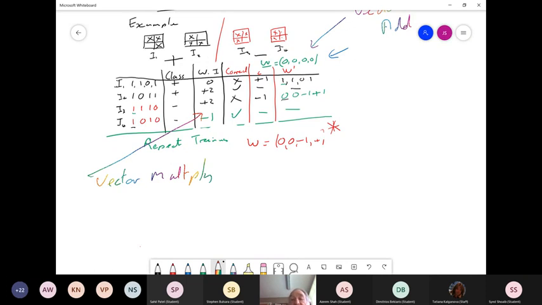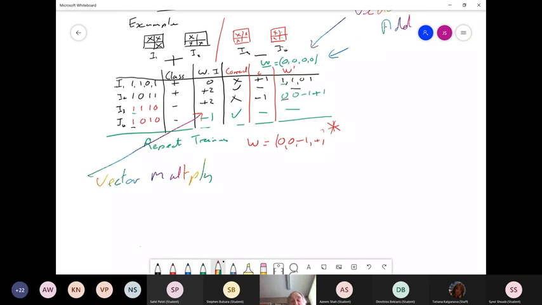I now use the latest weight vector for the second pattern, and I do a vector multiply, which is the summation of wi, ii. It is 1 times 1 plus 0 times 1 is a running total of 1, plus 1 times 0 is still a running total of 1, plus 1 times 1 is 2. And we get plus 2. It's a positive class. It is correct. No change to the weight vector.